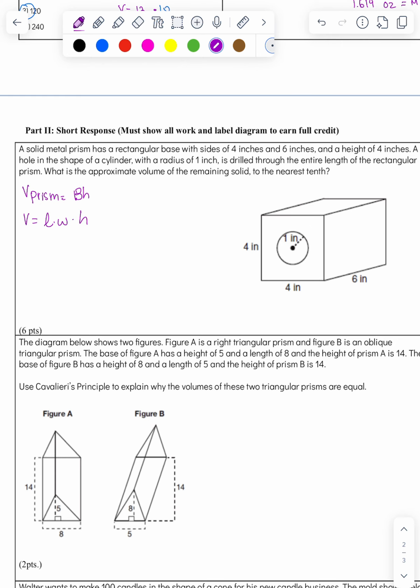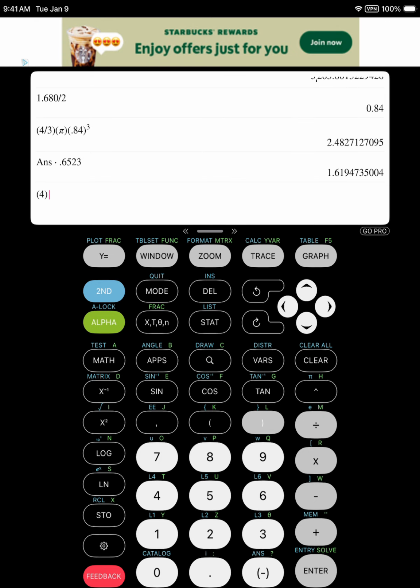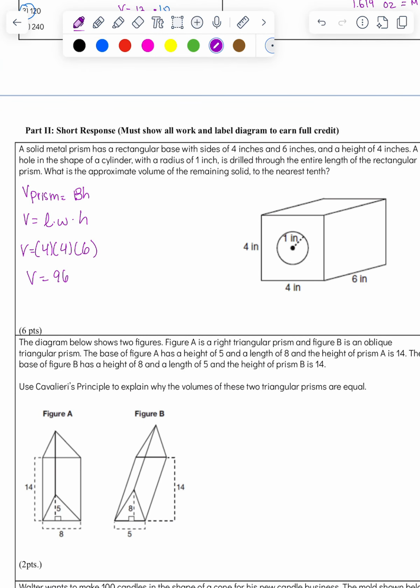So length times width times height is our volume formula. So that would be 4 times 4 times 6. And I can just type that right into my calculator. And that is 96 cubic inches.